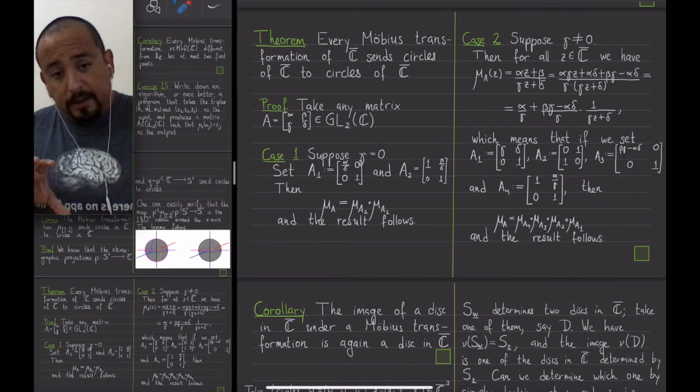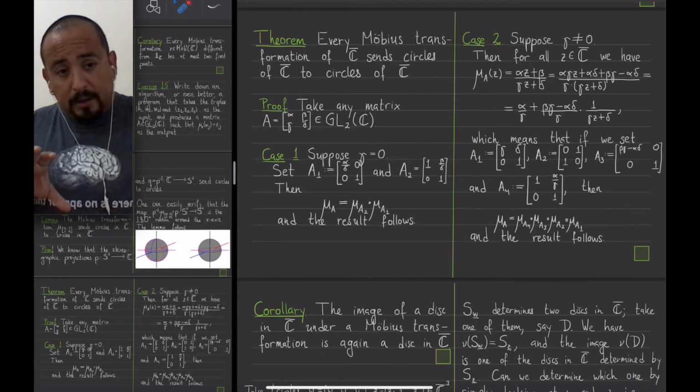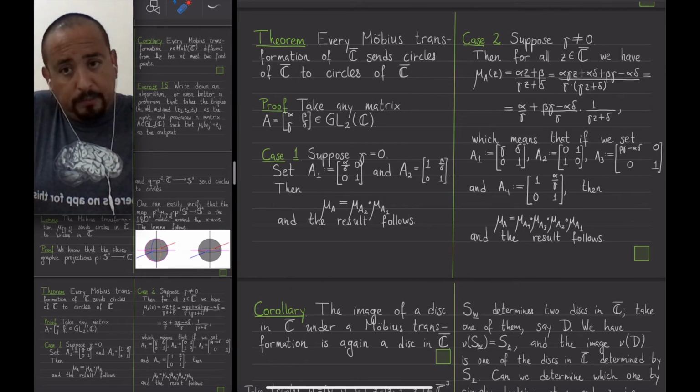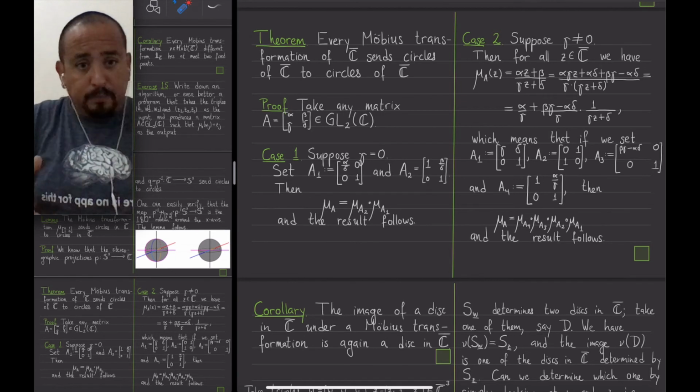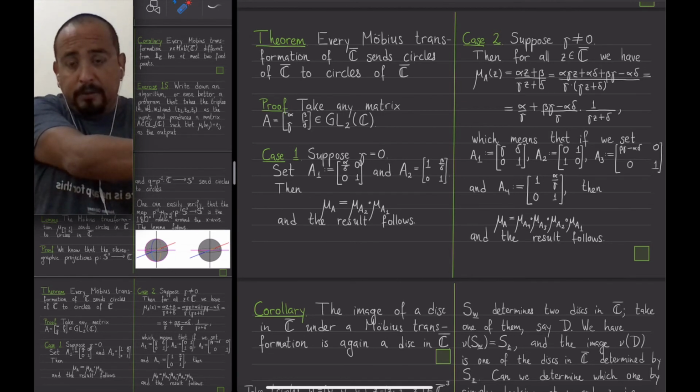But then it has to be the whole thing, the whole connected component, because otherwise there would be something in the other connected component that has to go there, but then both connected components are mapped into the same component.